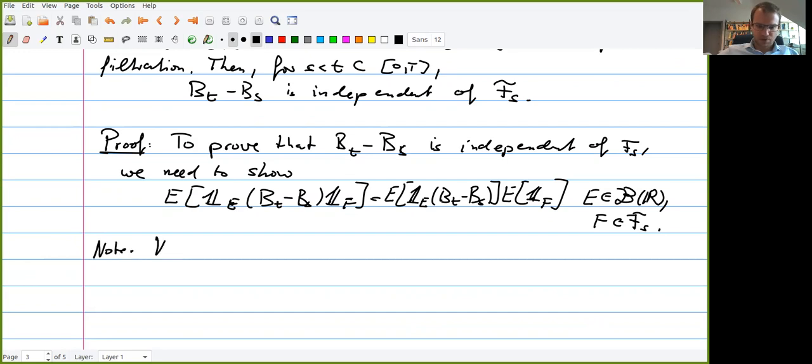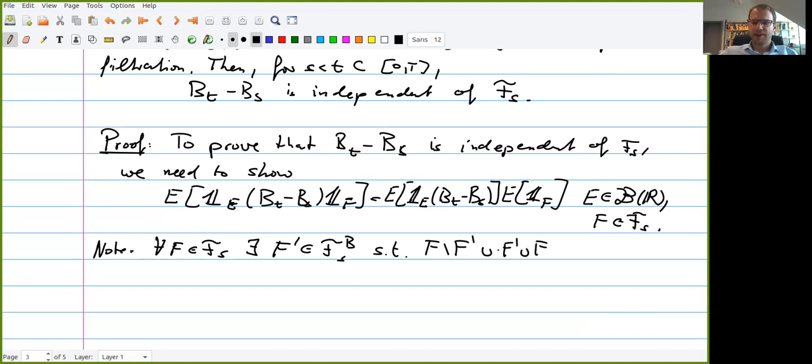Note for all F in S, there exists a set F prime in the natural filtration generated by the Brownian motion, such that if I look at the symmetric difference, so if I cut away this set F prime, this is a null set. Right?